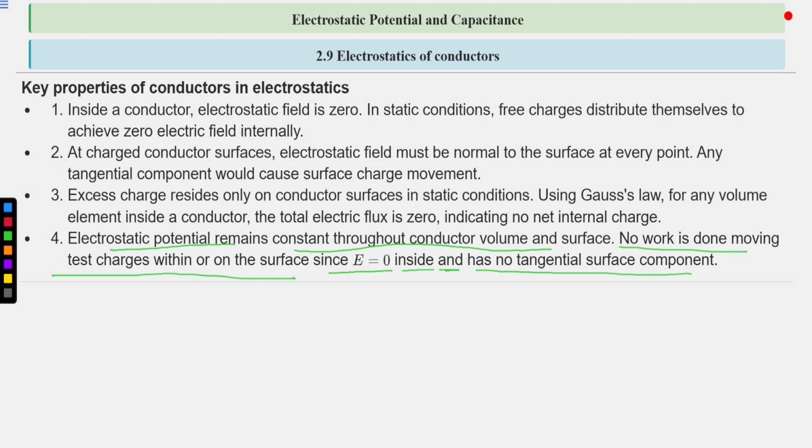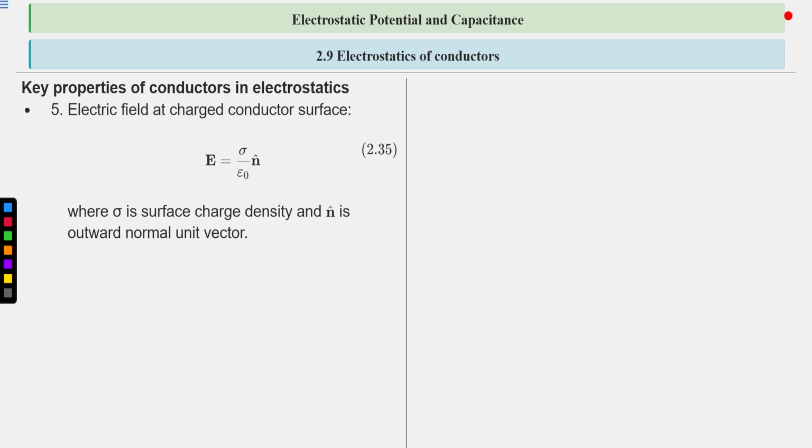I hope you understood. Okay, another key property: the electric field at a charged surface is equal to sigma by epsilon naught times n cap. We came to know this value when we did Gauss's law, that the electric field due to any sheet or plane surface is sigma by epsilon naught.